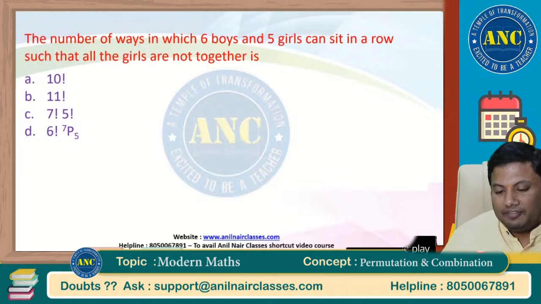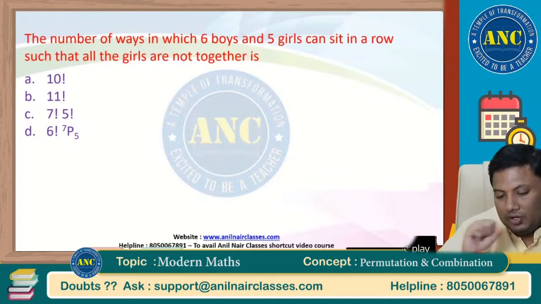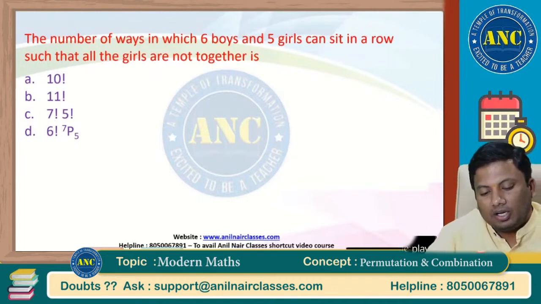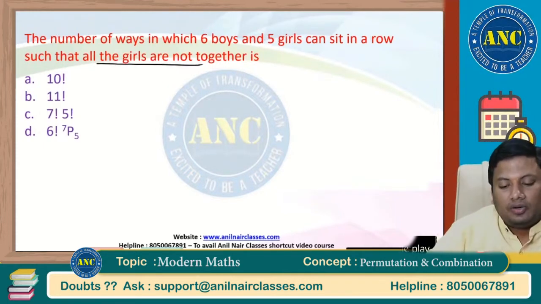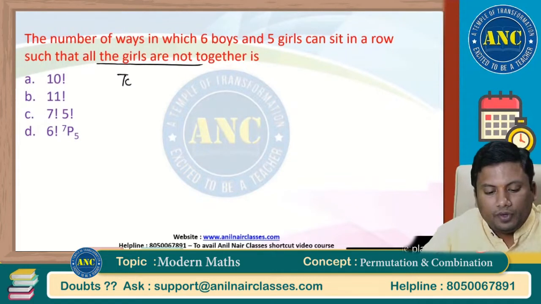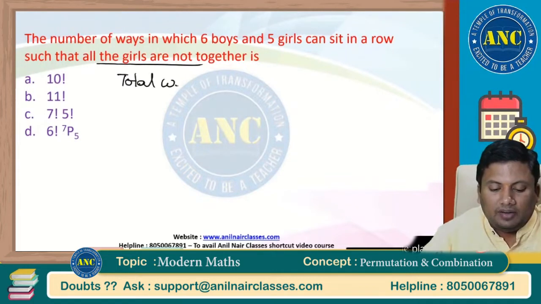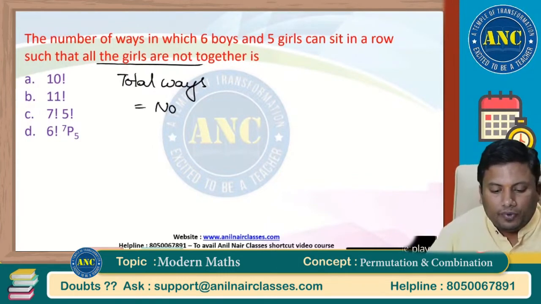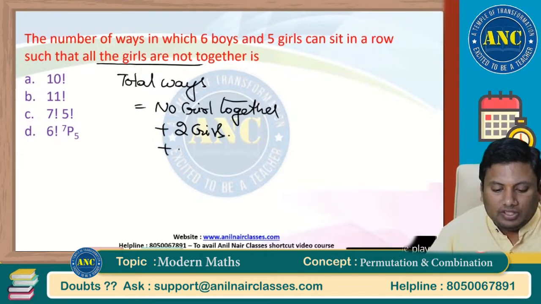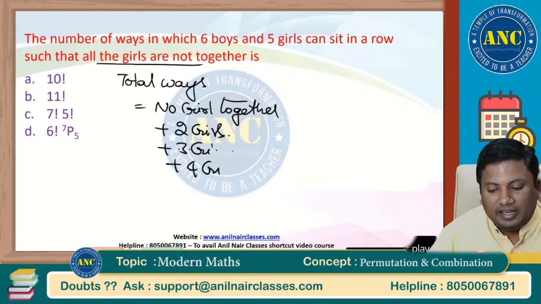The number of ways in which 6 boys and 5 girls can sit in a row such that all the girls are not together. Total ways is equivalent to no girls together, plus 2 girls together, plus 3 girls together, plus 4 girls together, plus 5 girls together.